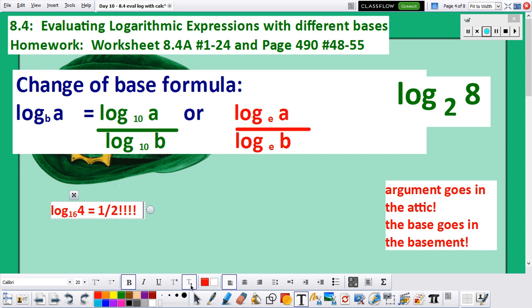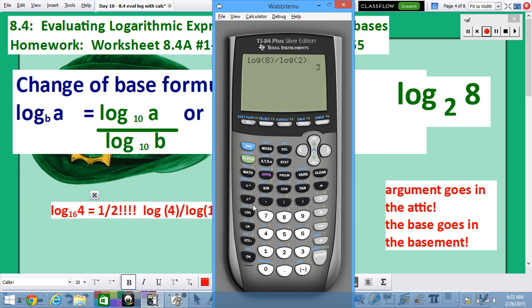So what we're going to type on our calculator is log of 4, because that's the argument, it goes in the attic, divided by log of 16. Log 4 divided by log 16. You really don't even have to close that parentheses. And there you go, 0.5.